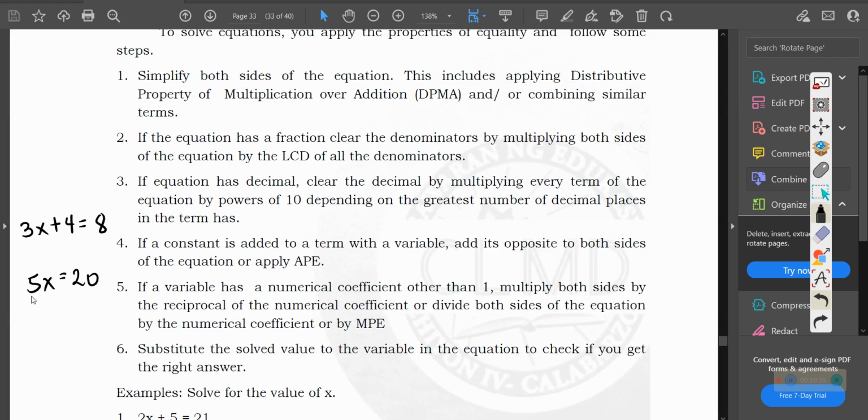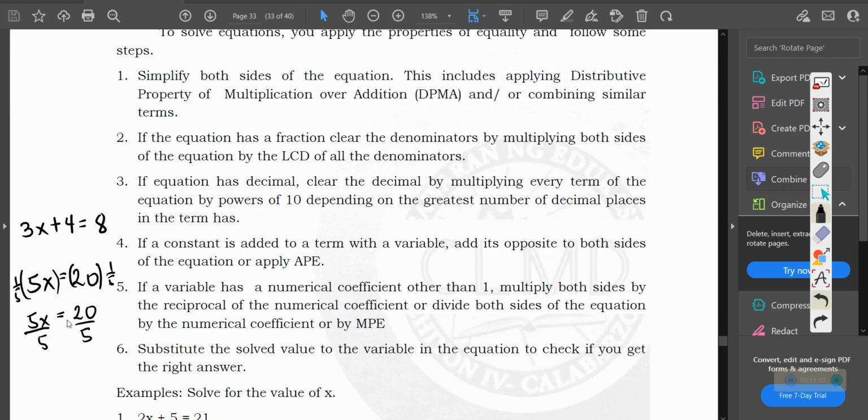So, gagawin natin is either we multiply the whole equation by the reciprocal of 5, which is 1/5. So, i-multiply natin sa 1/5 both sides. Or, pwede rin naman, so ito yung mas shortcut na ginagawa ng karamihan, i-divide natin both sides by the coefficient of x. Diba the coefficient of x is 5, so i-divide natin both sides by 5.